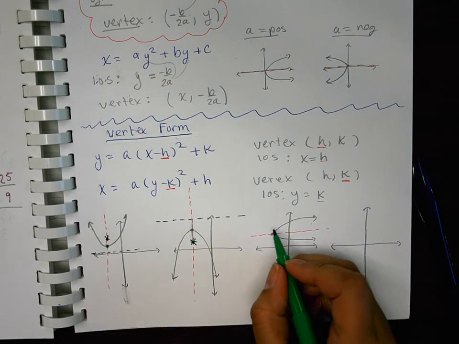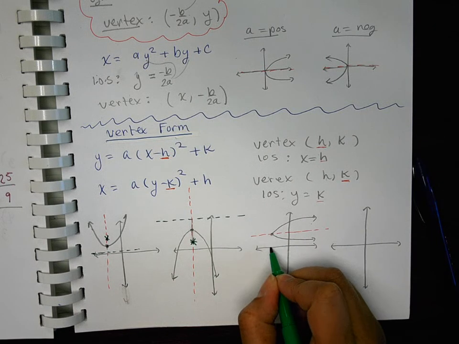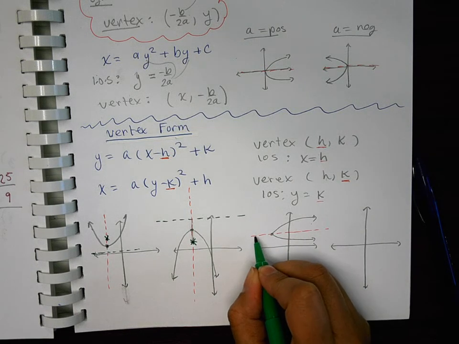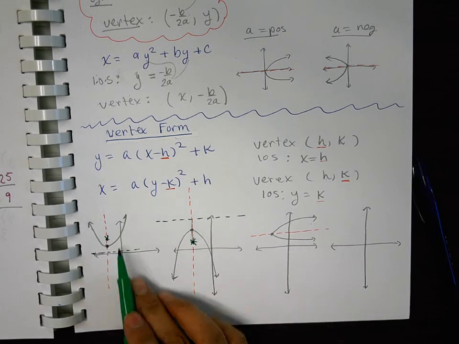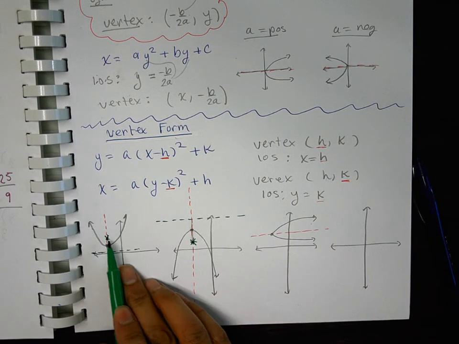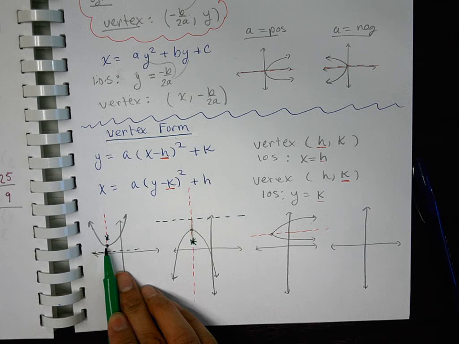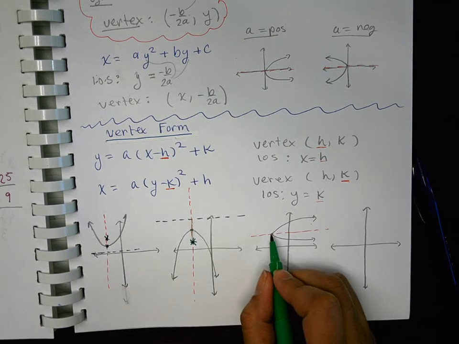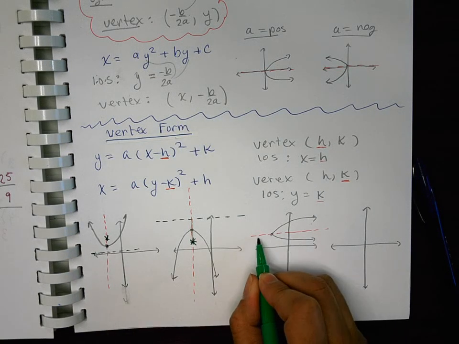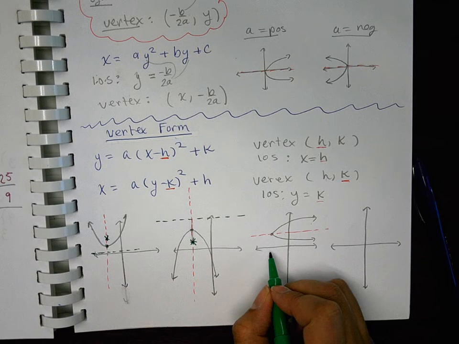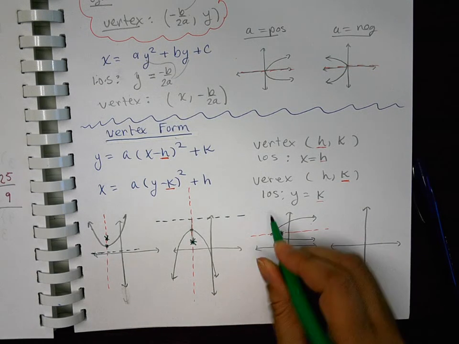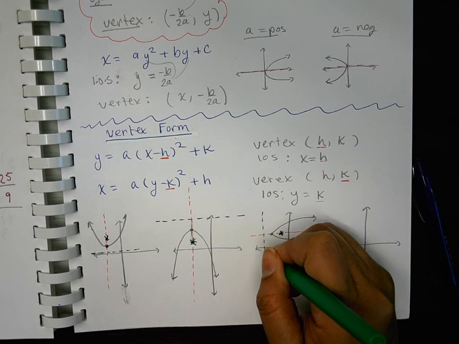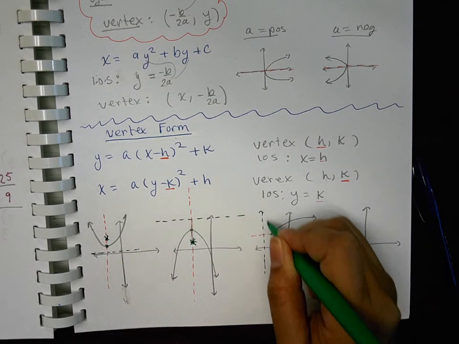So from the vertex, will I move up, down, right, or left to be inside the parabola? And it's always, pause really quick, the focus is always on your LOS, just like your vertex. So from my vertex, will I move right, left, up, or down to be inside? Right. And whatever distance I move to the right, I will also move to the left and make it my directrix.